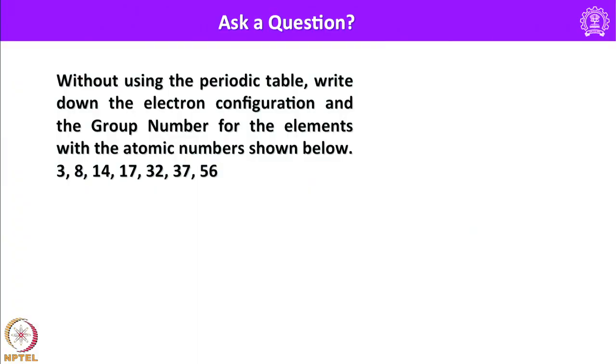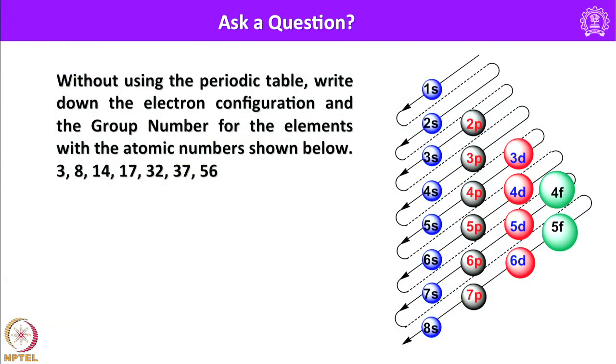Without using the periodic table, write down the electronic configuration and the group number for the elements with the atomic number shown below. So, how to do that one? It appears very complicated, but once you are familiar with electronic configuration and also with the Aufbau principle, it is not at all difficult to write the electronic configuration for any value.